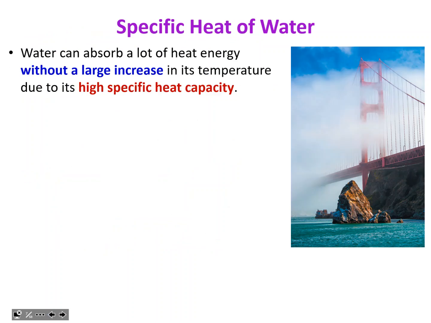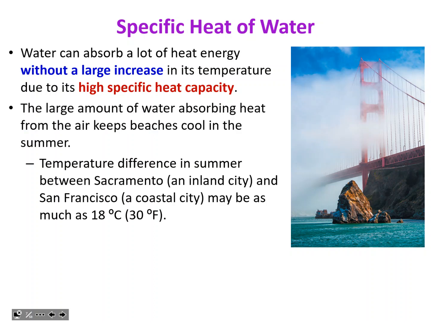Now, just remember that oceans and bodies of water help moderate temperature because water has such a high specific heat capacity. So, for example, if you're comparing Sacramento to San Francisco, Sacramento is inland, whereas San Francisco is on the coast.